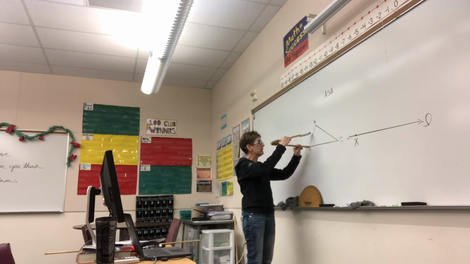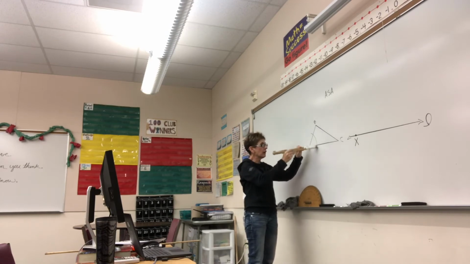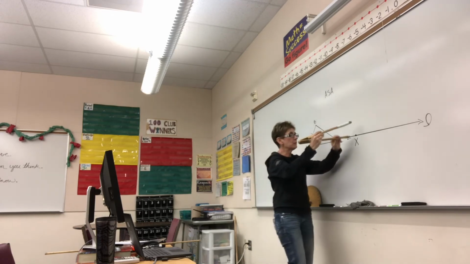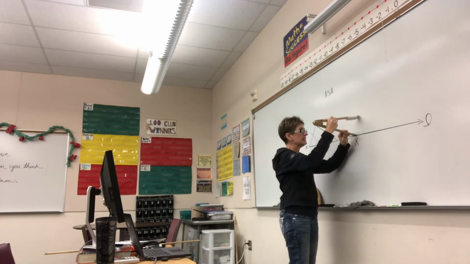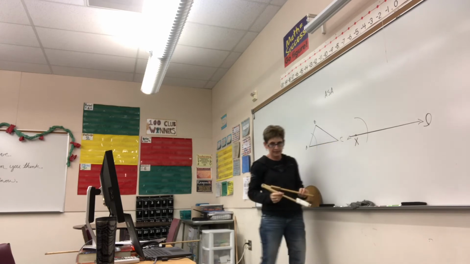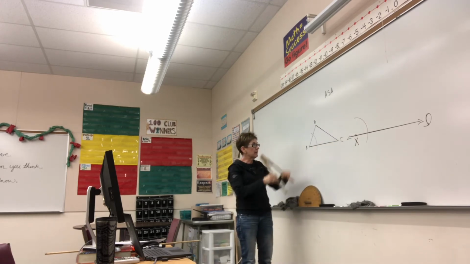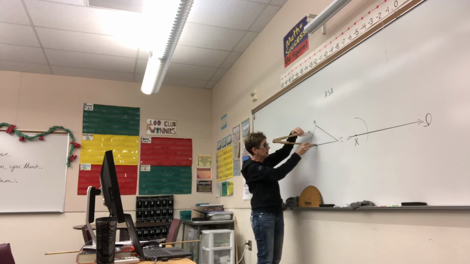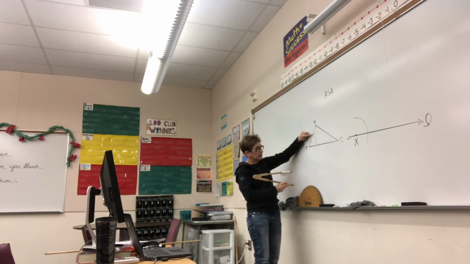So I'm going to put my tip at A and draw an arc that intersects both sides of my original triangle. Then I'm going to put my tip at X and draw that same arc using the same setting. Now I have to see how big that angle is. So I'm going to open and close my compass until the tip is right where the arc hits the side there.